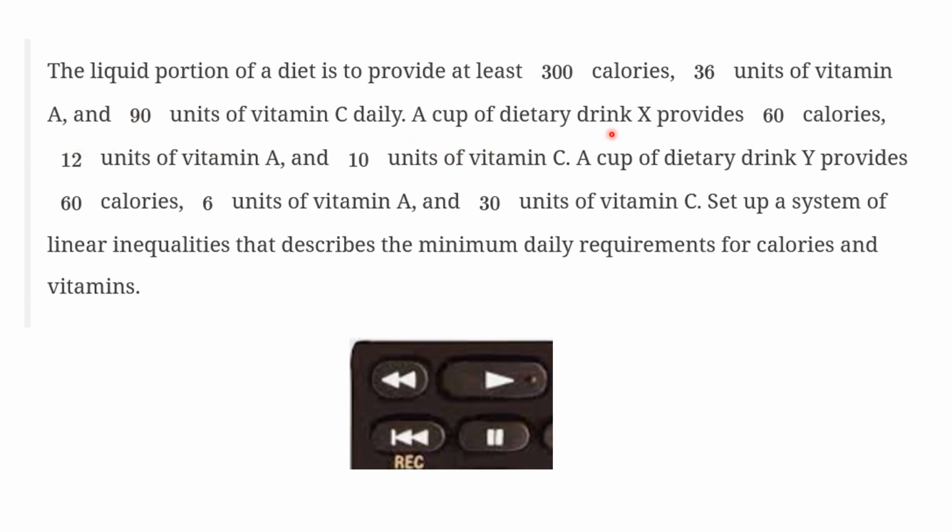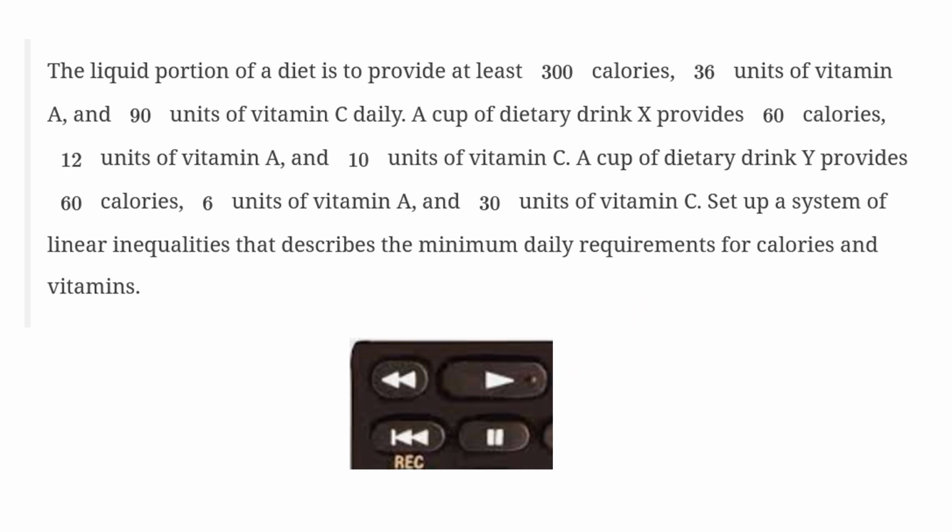A cup of dietary drink X provides 60 calories, 12 units of vitamin A, and 10 units of vitamin C. A cup of dietary drink Y provides 60 calories, 6 units of vitamin A, and 30 units of vitamin C. Set up a system of linear inequalities that describe the minimum daily requirements for calories and vitamins. That is the number of cups that you should have. Pause the video and give this a go.